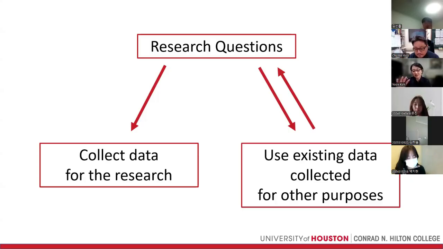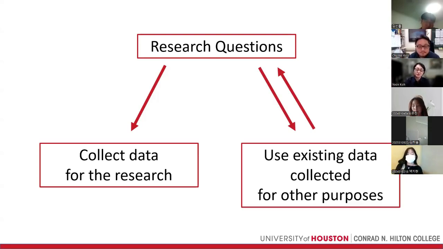So that's data collected by government agencies, but I can use the data for my research purposes. Sometimes, looking at those data sets, the relationships or patterns can lead to research questions.